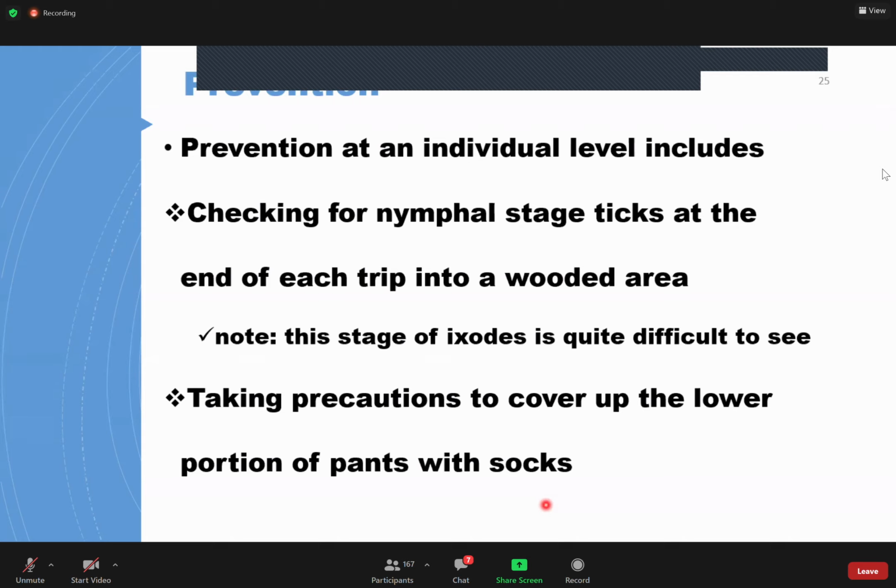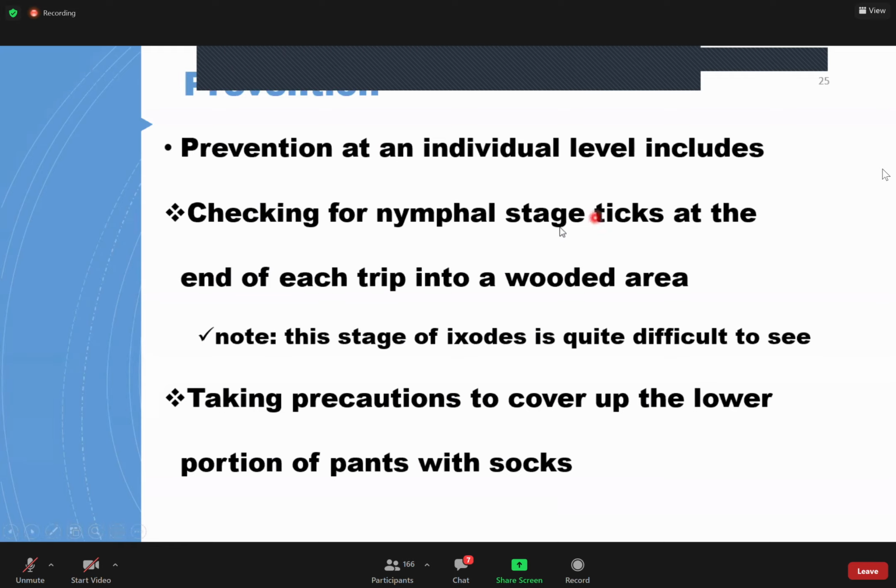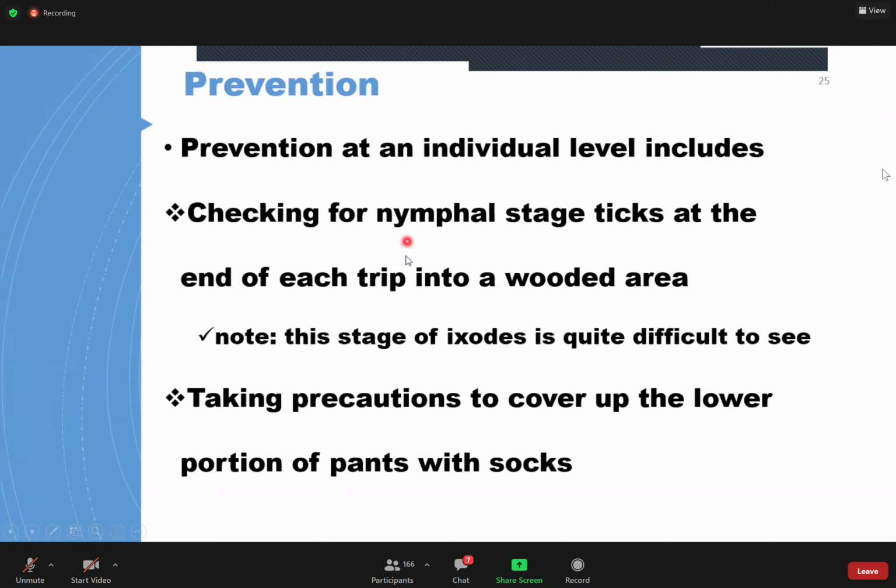So what can you do? If you've gone out into the woods for whatever reason, when you come back, check your clothing for the nymphal stage of the tick. This is because, although the adults can transmit the agent, it's the nymphal stage that is very good at transmission because they are very tiny.